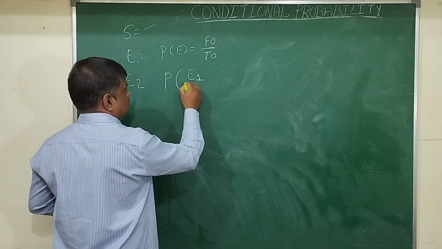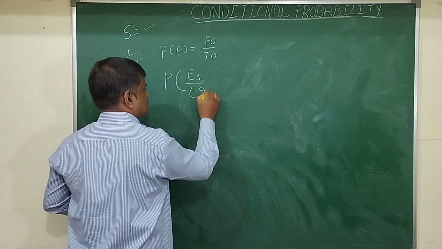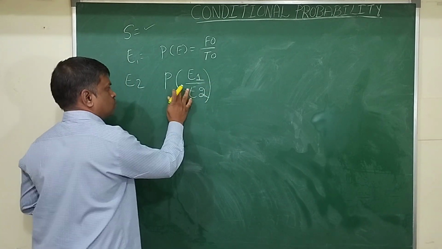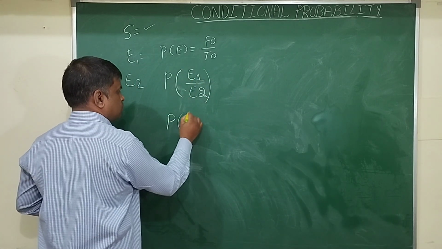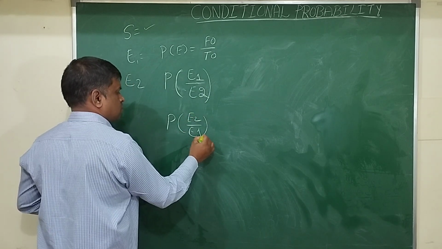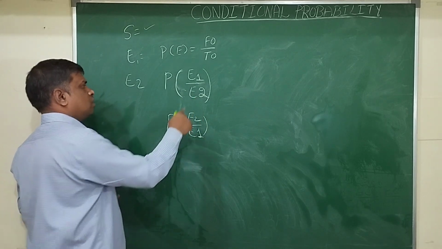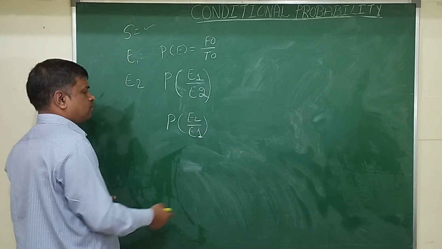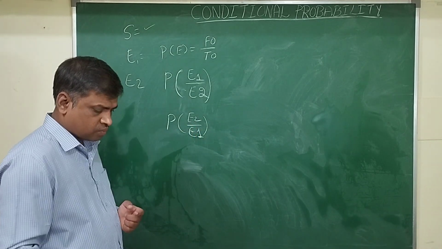For example, probability of E1 given E2, and sometimes probability of E2 given E1. It means this event has already happened, and it gives the probability of E1. E1 has already happened, and it gives the probability of E2.